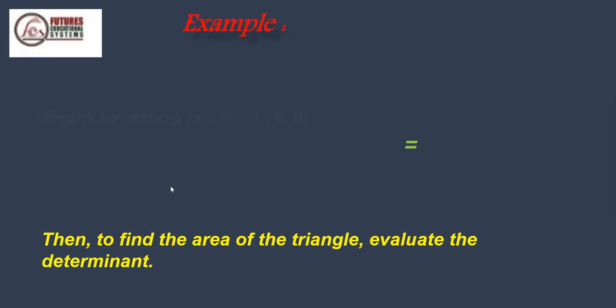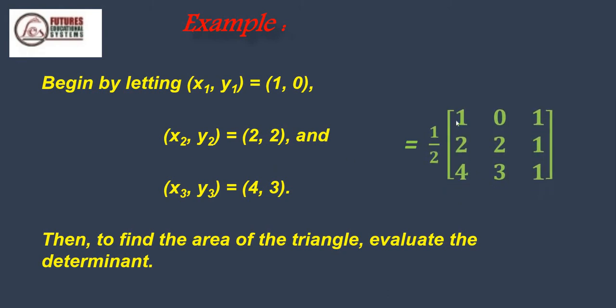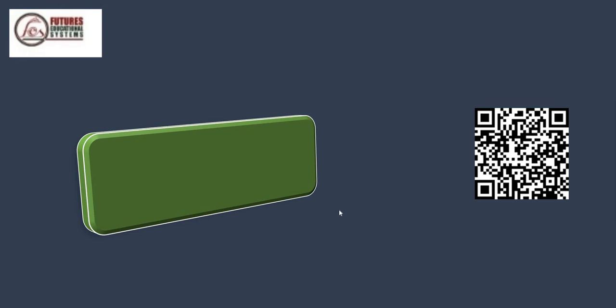To use the determinant, half, and put the first projection vertically, column 1, 2, 4, and the second column, the second projection 0, 2, 3. We put 1, 1, 1, and apply the determinant. We get the result equal to half. Please try to solve this exam. Thank you for listening.